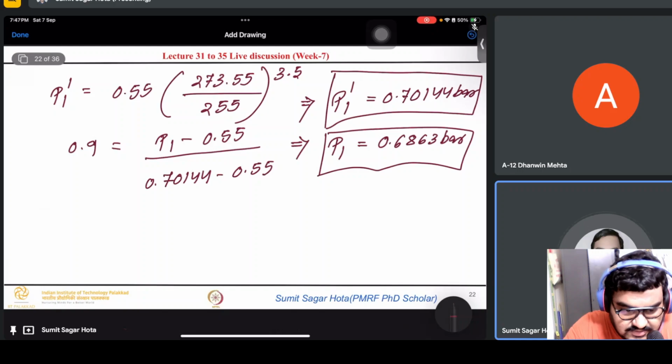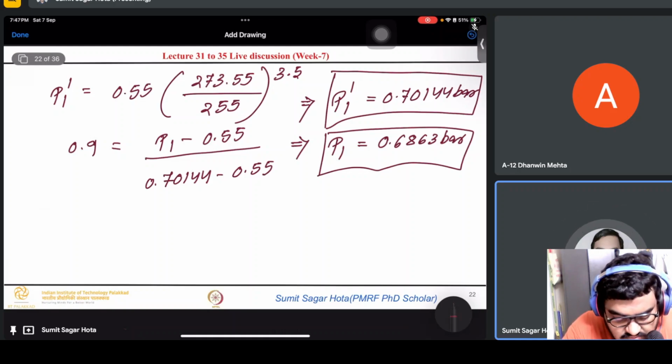Now next process will be, now ramming is over, next come to the compressor, okay, which is a process 1 to 2 or 2 dash.